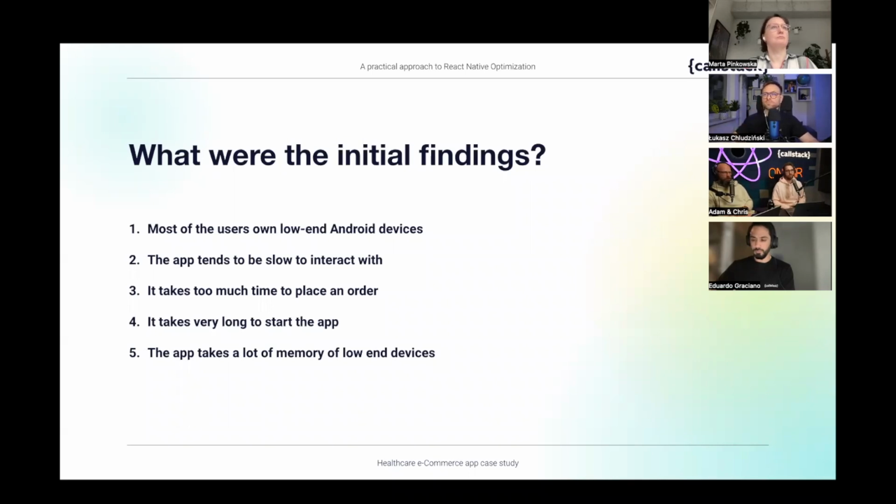That is important information because you optimize the app a different way when you are targeting high-end devices than when you know your customer base is mostly on low-end mobile phones. When you started interacting with the app, it turned out to be a bit slow. It took a while for it to even load in the first place.